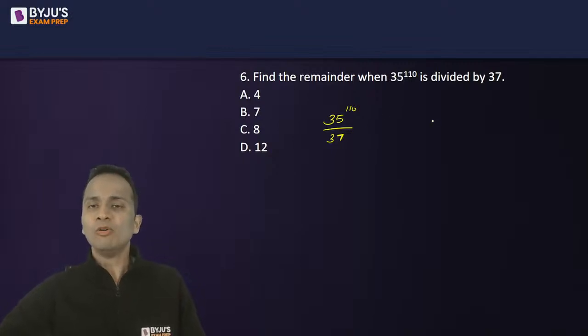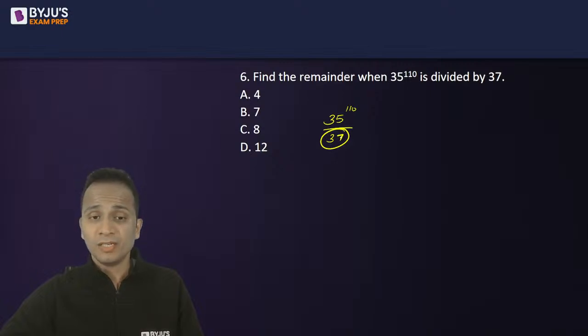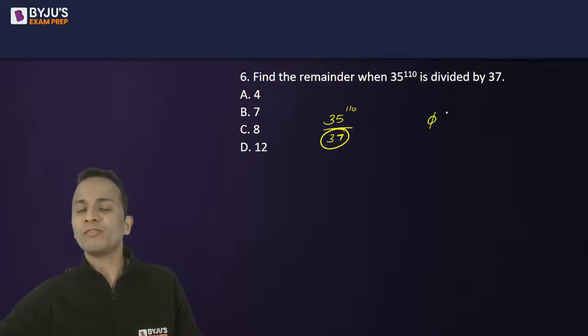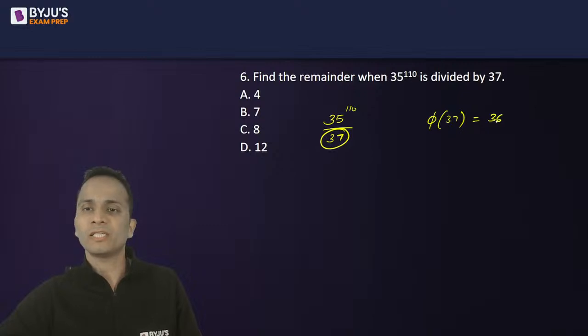Okay, now look at the denominator 37. I can see that 35 and 37 are relatively prime numbers, so I can apply Euler's theorem. So 35 and 37 are co-prime with respect to each other. Now Euler's number of 37: 37 is a prime number, so Euler's number of 37 will be 36.